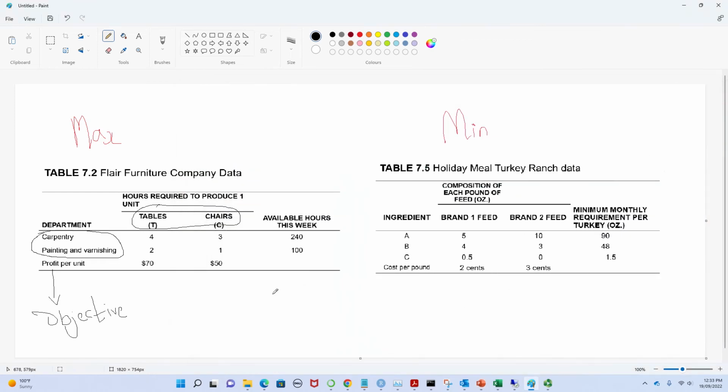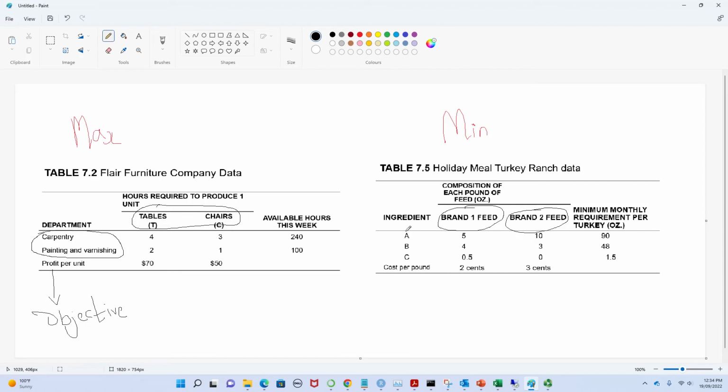Now minimization is exactly the same in terms of how you put the data in the table. You have your decision variables, brand 1 feed and brand 2 feed. Let me explain what it is. There is a business that raises turkeys, a turkey farm. The problem they have, for the linear programming they're going to use, is that there are two brands, brand 1 feed and brand 2 feed, and these are the ingredients we have.